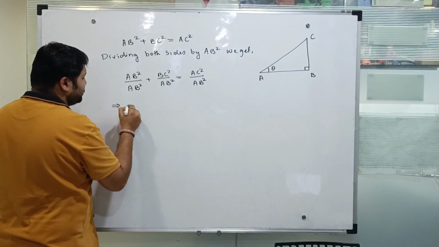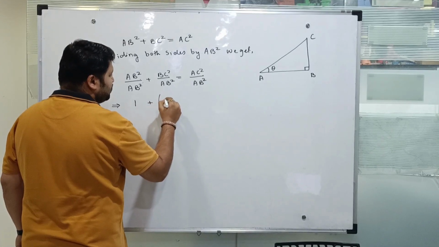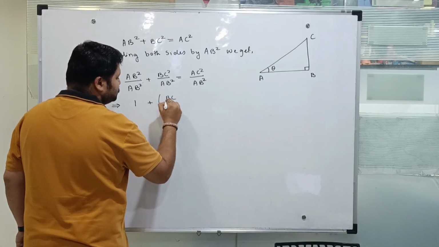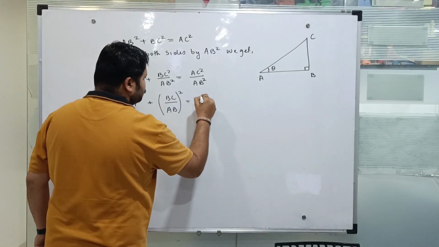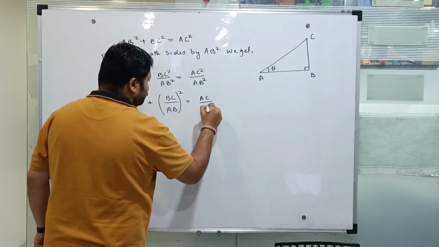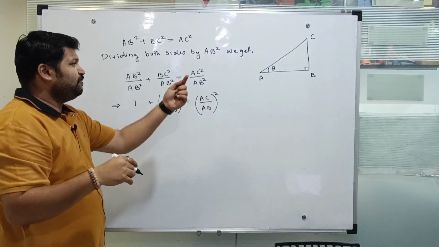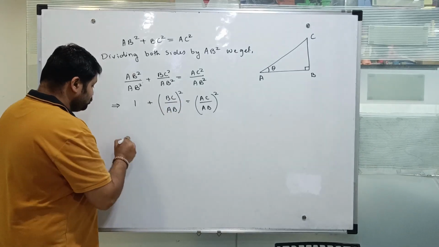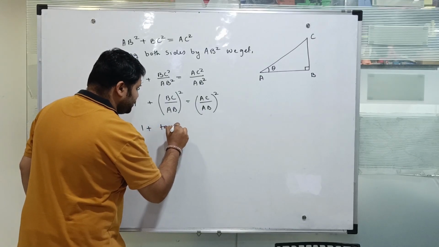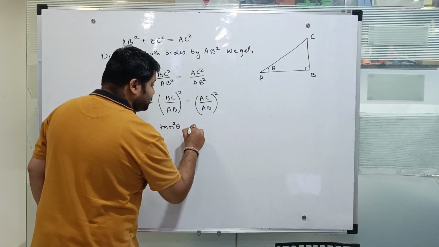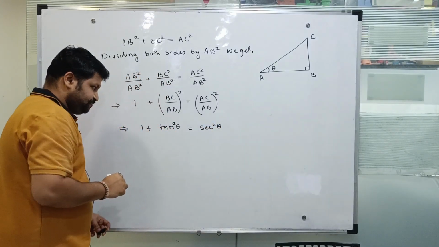We can also write it as 1, same quantities dividing each other, plus BC upon AB whole square is equal to AC upon AB whole square. Now BC upon AB is our tan theta, so we can write 1 plus tan square theta is equal to sec square theta.